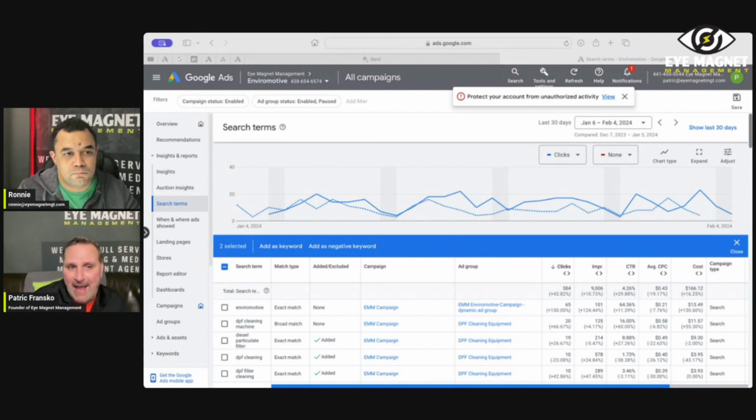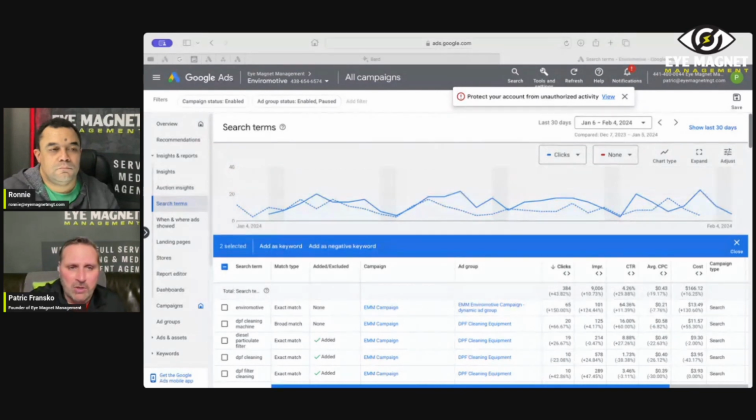You might also add keywords where you think there's a hole. We do a lot of work with window tinting shops. A couple of years ago, a keyword that started to become popular was Tesla window tinting, so we went in and added that keyword, because that was what people were actually searching for.